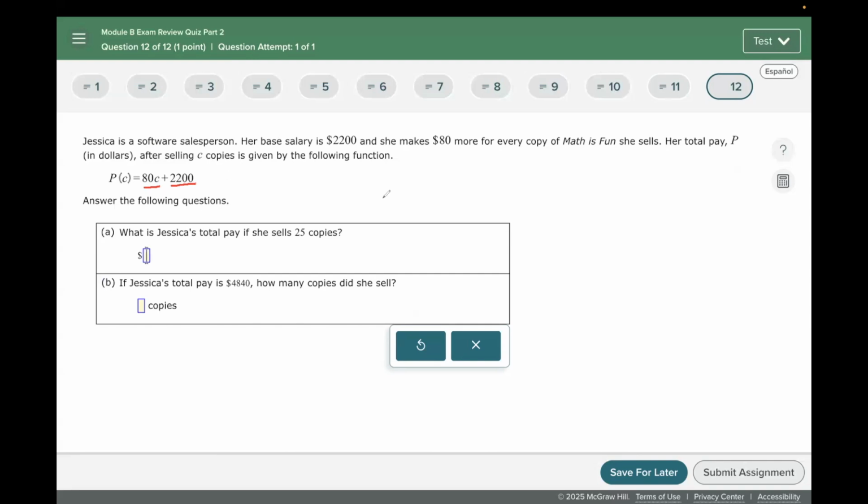So what's her total pay if she sells 25 copies? Well, that's P of 25. So that's going to be 80 times 25 plus 2,200. So let's go ahead. I'm going to actually write this function in Desmos just to show you something. So I'm going to write it as P of x for Desmos. This is going to be 80x plus 2,200.